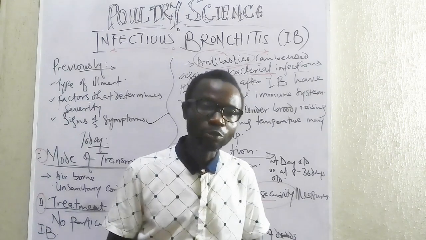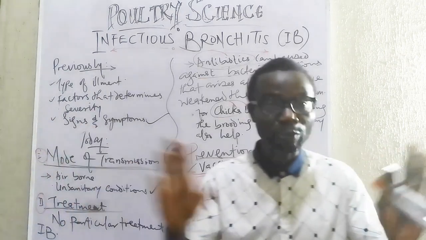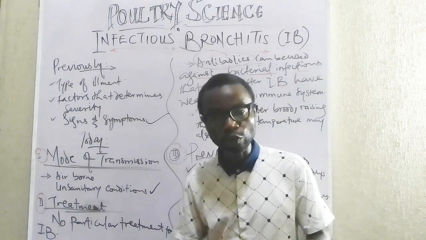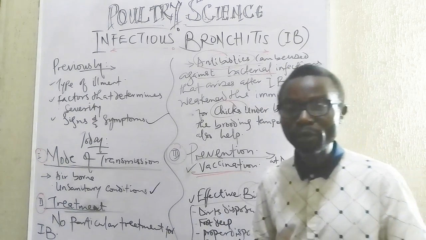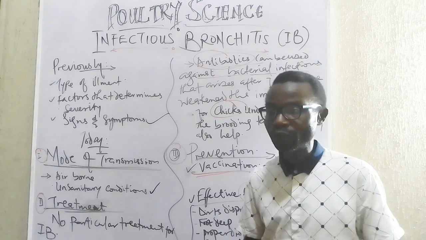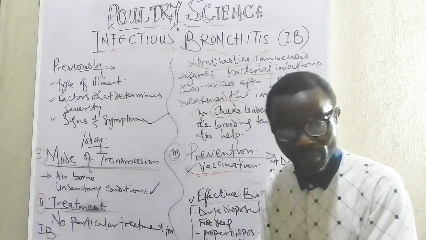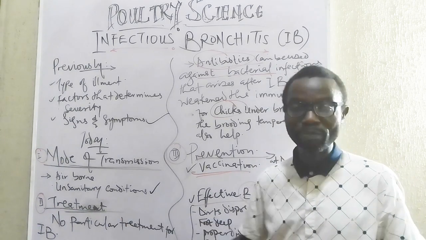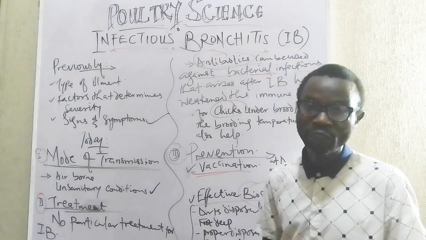For example, you make sure that there's proper ventilation. Number two, you make sure that people handling the birds are clean. You make sure that there's a foot dip in front of the pens, and so you dip your feet there.